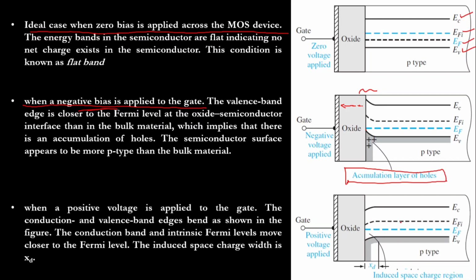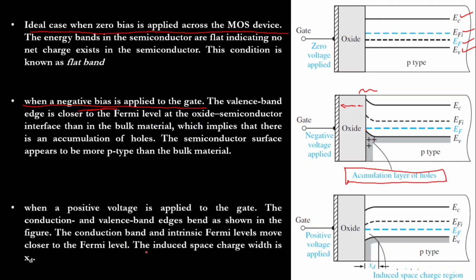You can see the intrinsic Fermi level is closer to the Fermi level of the p-type semiconductor. This will happen when we apply a positive voltage to the gate. The conduction band and valence band edges, as shown in the figure, and the conduction band and intrinsic Fermi level move closer to the Fermi level.